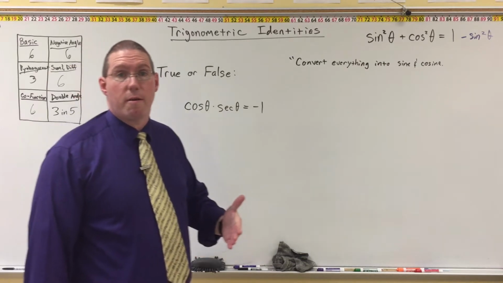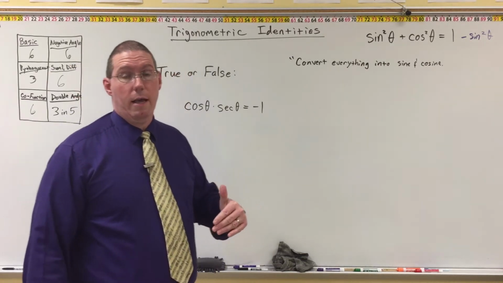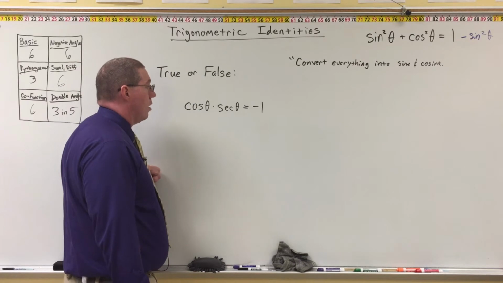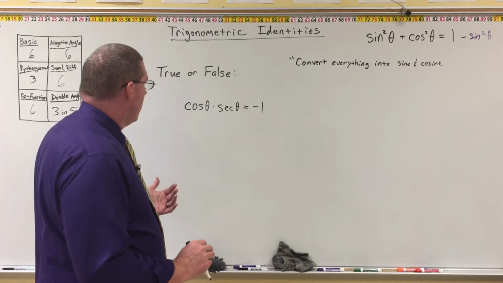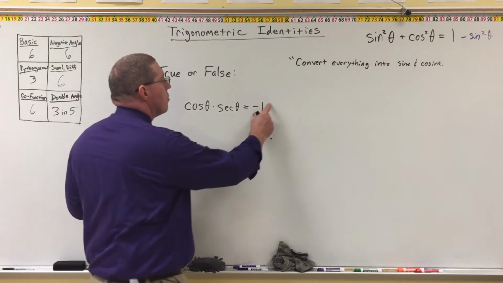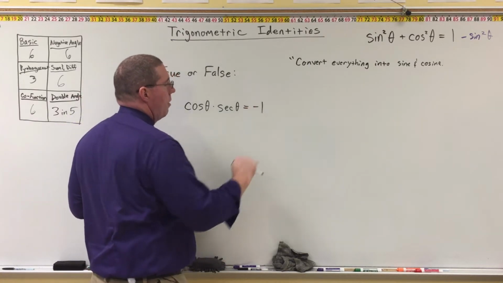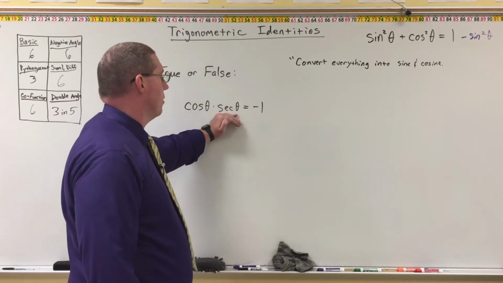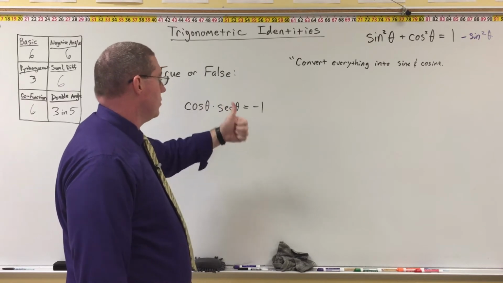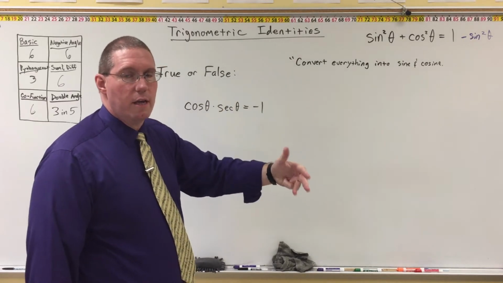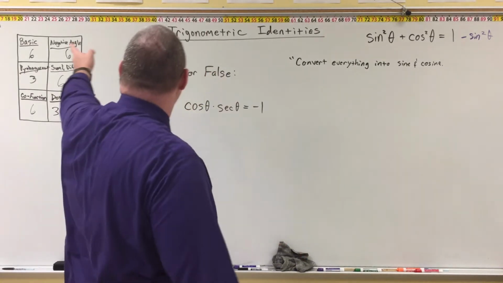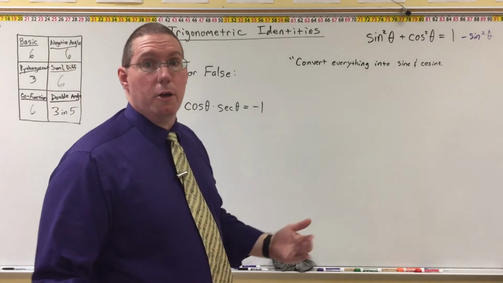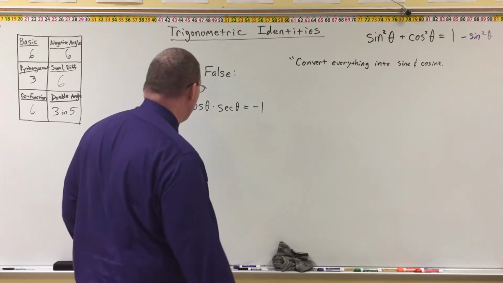Tangent can be turned into something that has sine and cosine in it. And so if you convert everything into sine and cosine, you can work out your answer. Now numbers, you don't have to change numbers. You can leave the numbers as is. What I'm talking about here is trigonometric functions. So tangent, cotangent, secant, and cosecant. If you turn them into sine or cosine using one of the basic identities or some other identity, it'll be easier to deal with, okay?